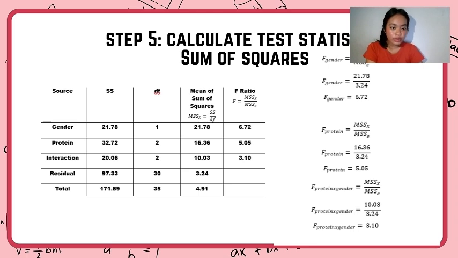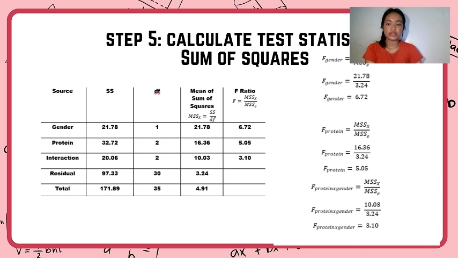So the 6.72 is gotten by dividing 21.78 over 3.24. As you can see here, you got 6.72. Then for the protein, 16.36 divided by 3.24 is 5.05. And for the interaction, 10.03 divided by 3.24 is 3.10.